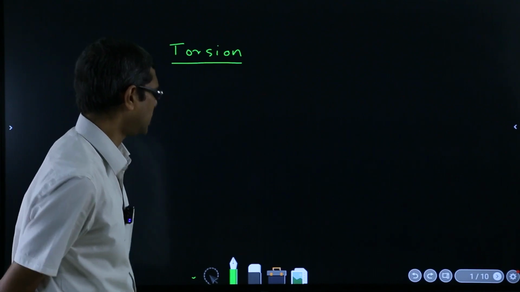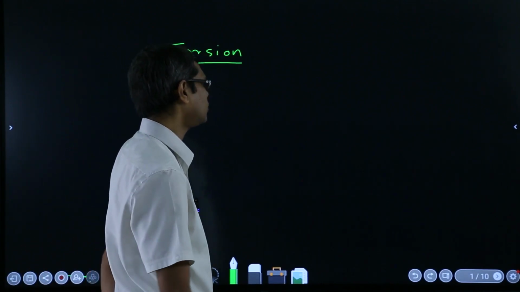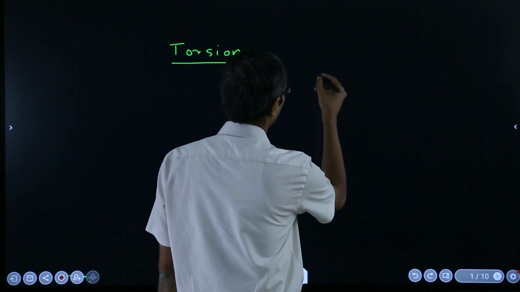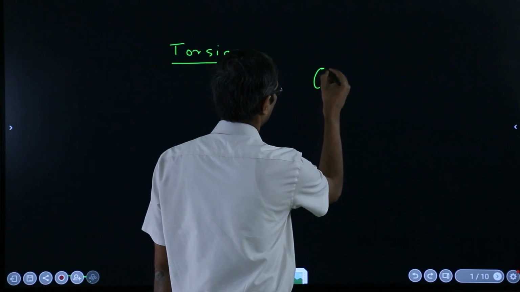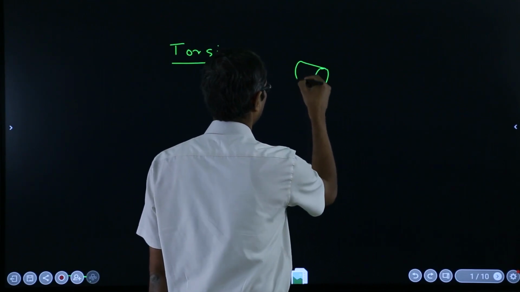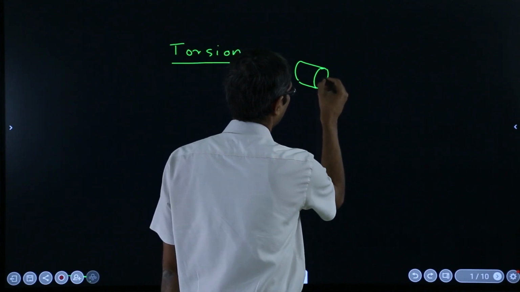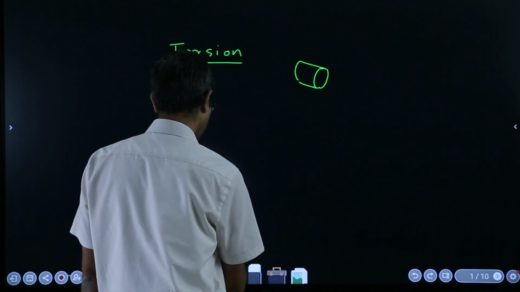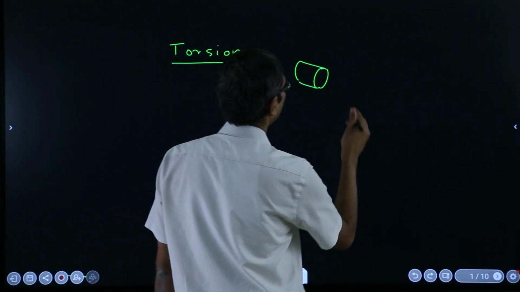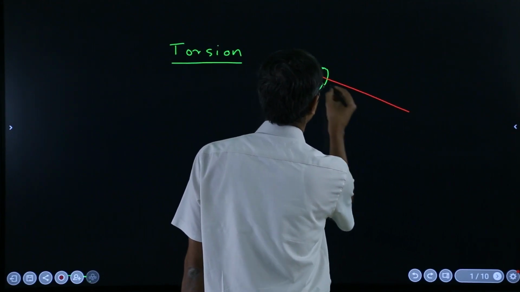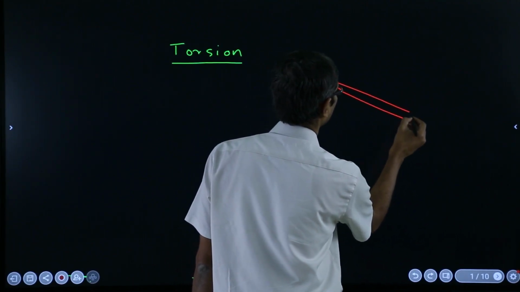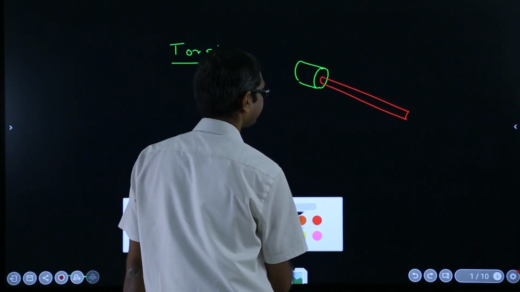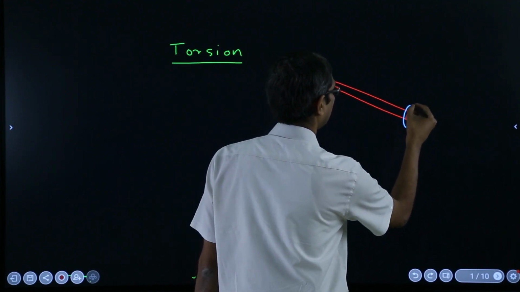And in engineering applications, you generally see this in power transmission. Suppose you have a generator sort of thing, then you join this, I'll use a different color maybe, and suppose here you connect it through a shaft to the motor maybe at this end.